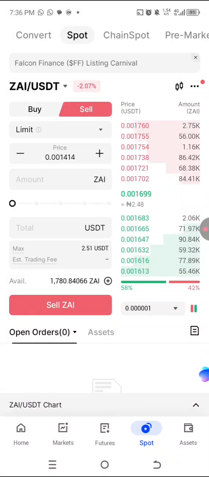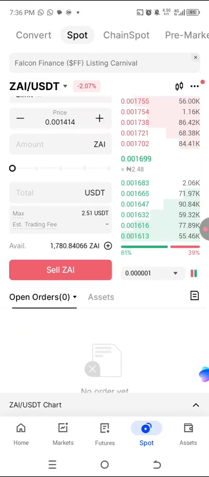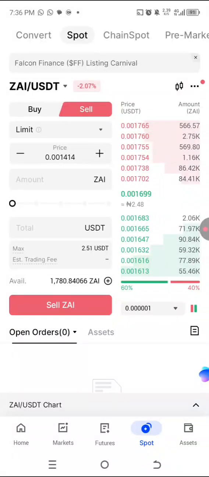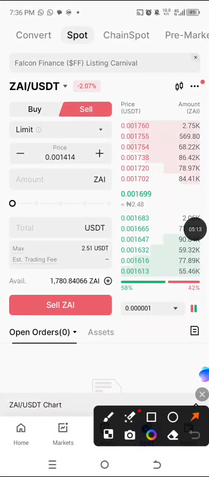Now, if I want to sell this ZAI, if I want to sell everything I have here, what will I do? Look at what I want to show you. I am already at the sell interface. So, when you look up here, you will be able to see that we have limit.